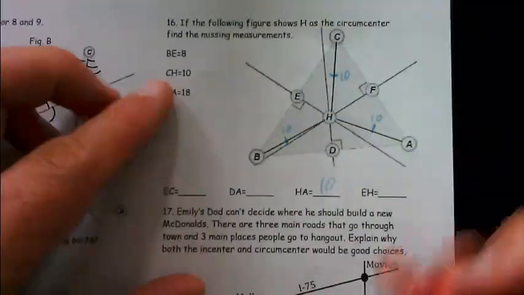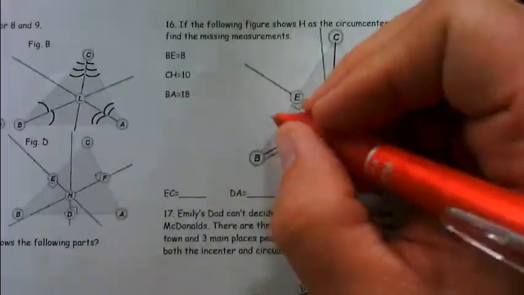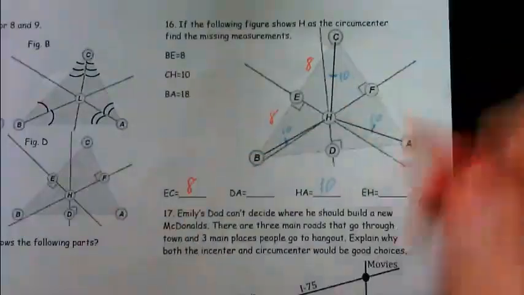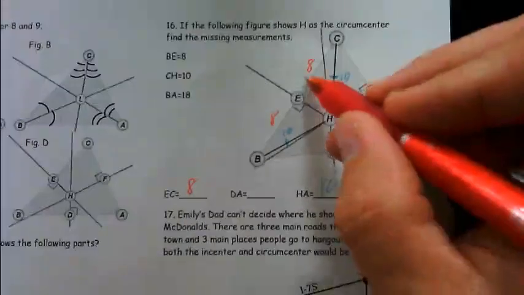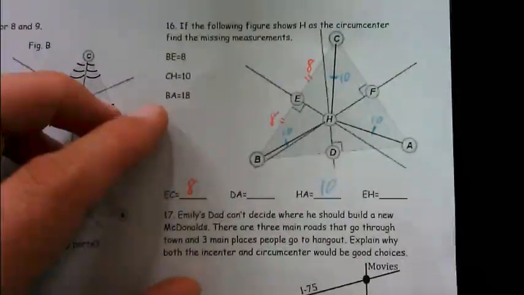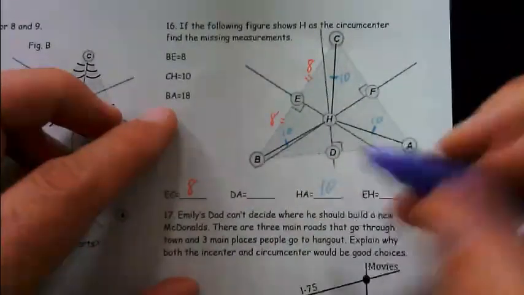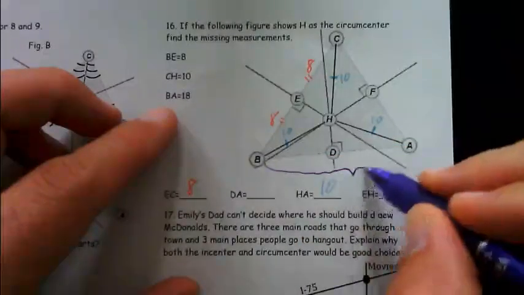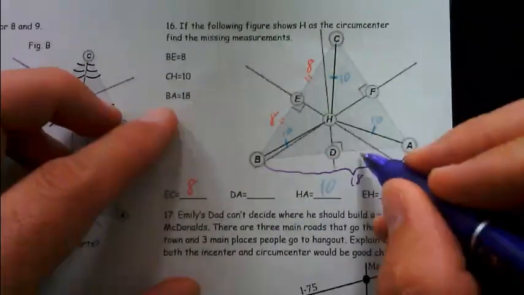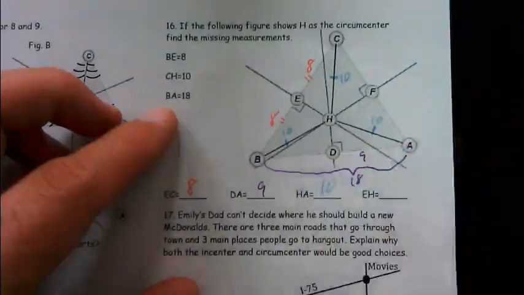So HA is 10. For BE, they told us BE is 8, so EC is also 8, because that's a perpendicular bisector. It's split that one in the middle. Then we know that BA, this whole side, is 18. Well, they want DA, so half of that is 9. And the last one is a little bit harder.